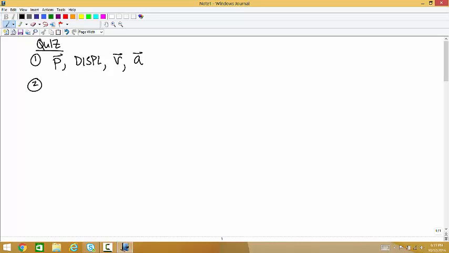The second one, non-directional quantities, are distance, speed. A lot of people said, like the way we talk about acceleration in speech, acceleration and deceleration.